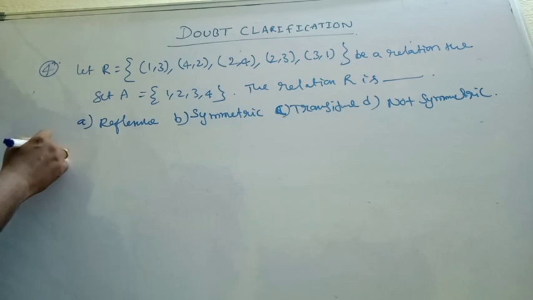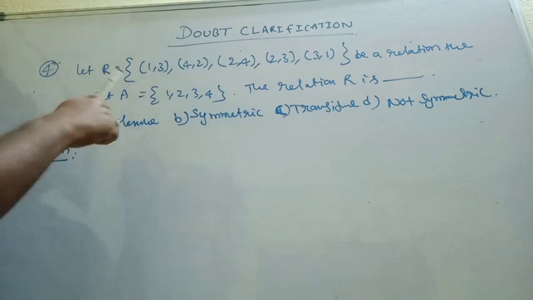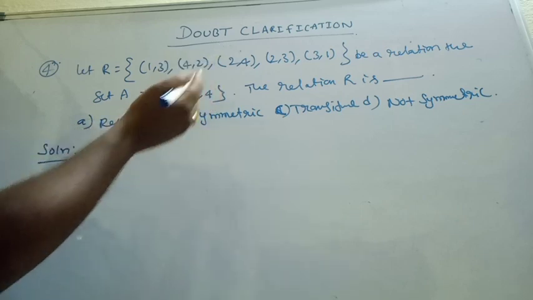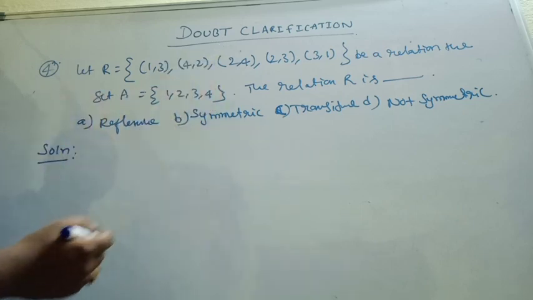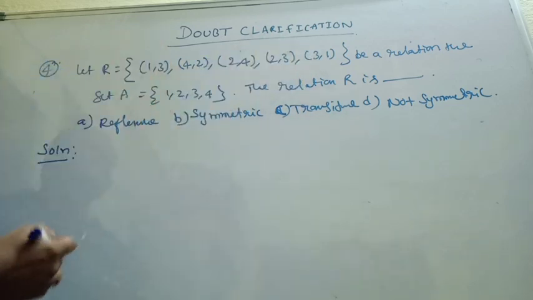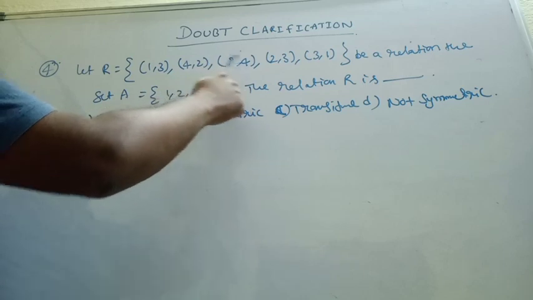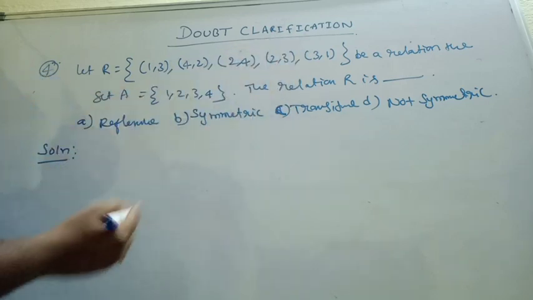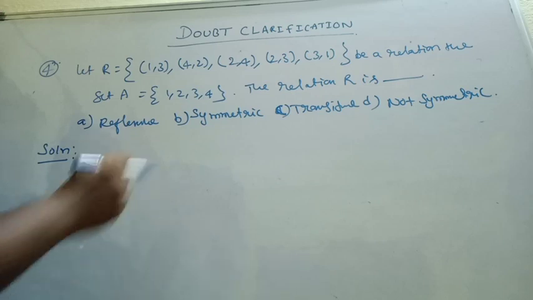Let us try to answer this question. Is it reflexive? For 1, 2, 3, 4 they have given (1,1), (2,2), (3,3) we don't have, therefore it is not reflexive. Is it symmetric? (1,3) is there, (3,1) is there. Okay, fine. (4,2) is there, (2,4) is there, (2,3) is there, but (3,2) is not there. Therefore it is not symmetric.